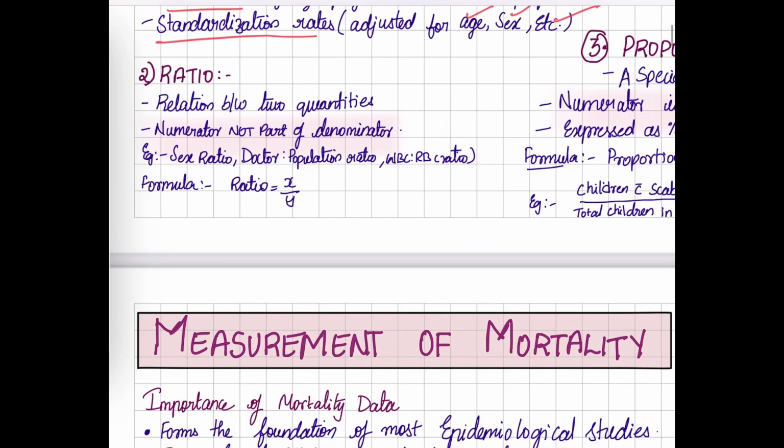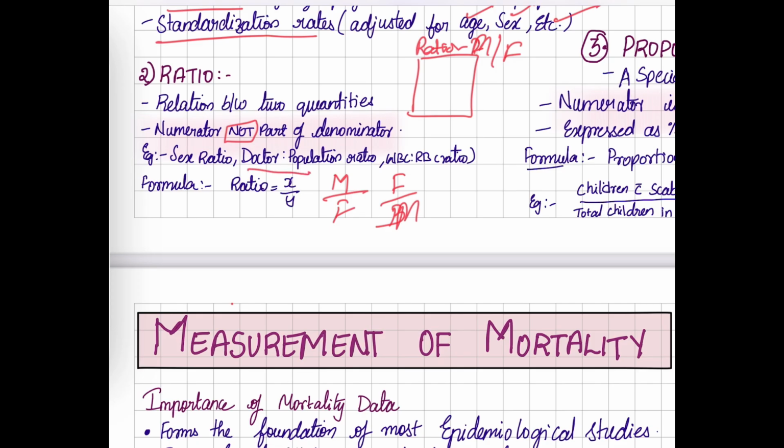Next, let us see about ratio. Ratio is a relation between two quantities where the numerator is not a part of the denominator. Sex ratio, for example: in a town we say male to female ratio. It means the relation between two quantities, like the relation between male and female, so male by female or female by male.